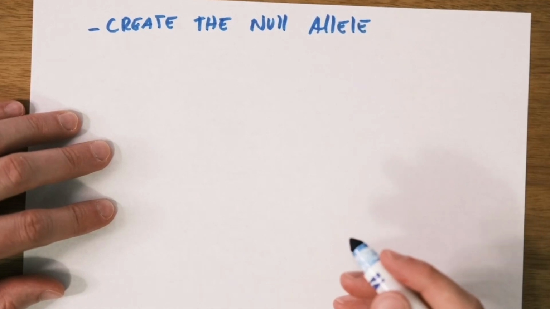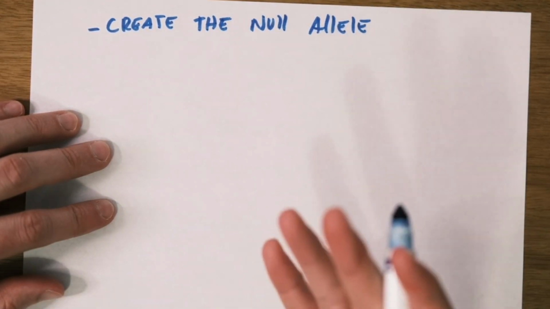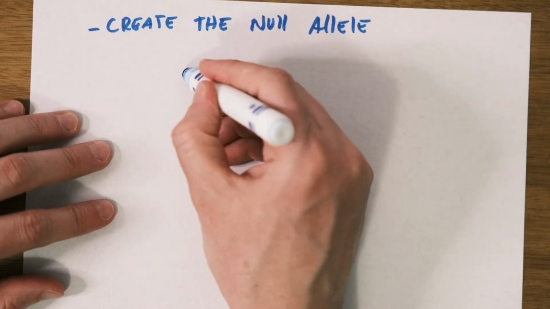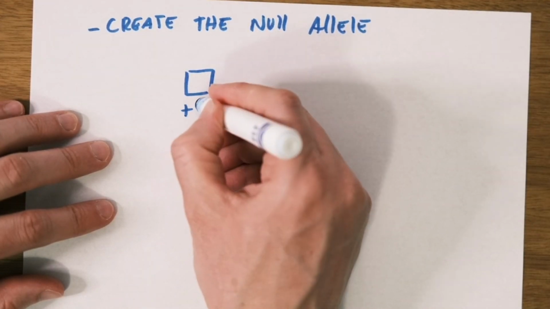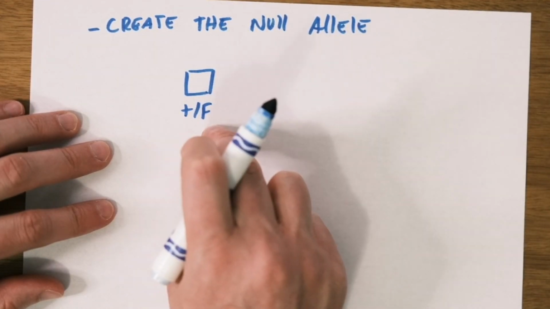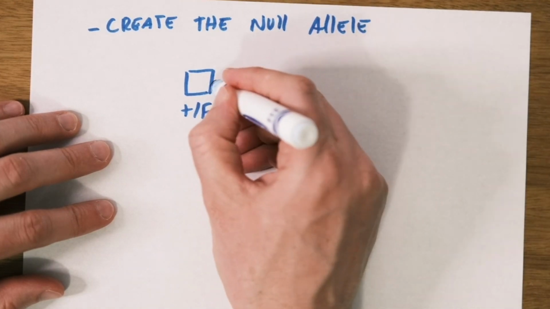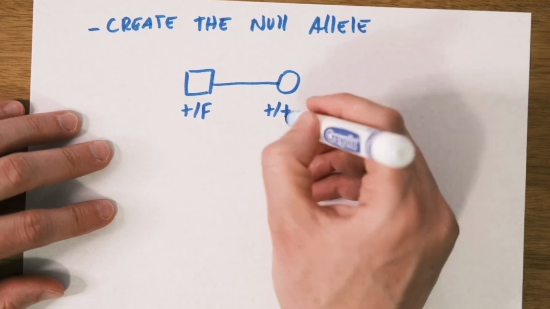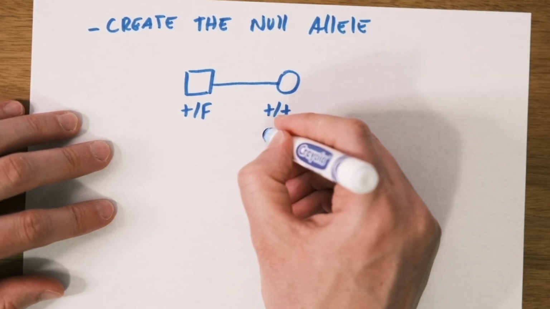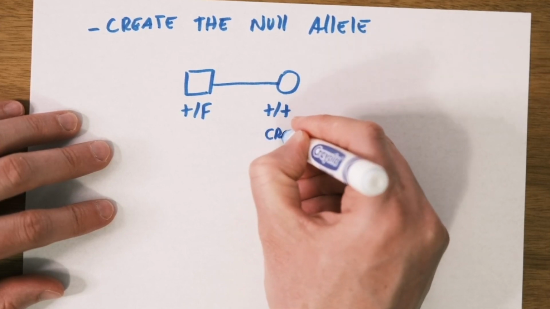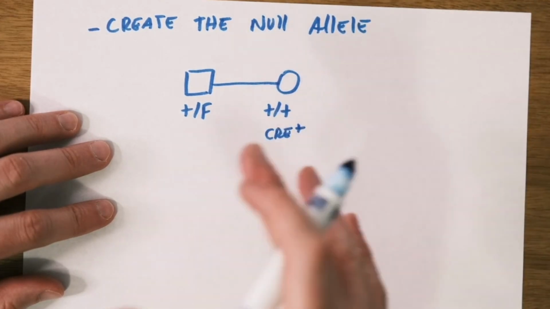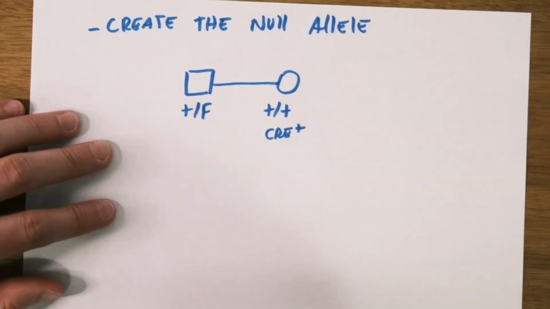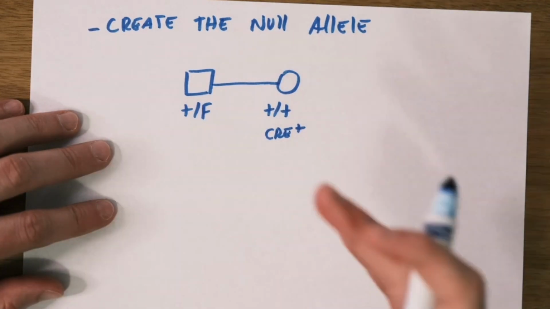So you will have your founder and you probably want to cross it and generate an F1, and then you will take an F1 animal that is homozygous for your Flox allele, and you will cross it to an animal that will be of course wild type for that allele of interest, but will be positive for a Cre recombinase. CMV Cre is a type of Cre that is used here because it's expressed in the embryo and deletes the allele in all the animal.